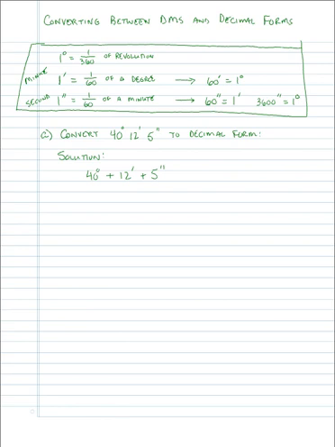So let's go in here and let's think now. 40 degrees we don't need to change. But for each one of these minutes, it's 1/60th of a degree. So if I multiply these 12 minutes by 1/60th of a degree, you see, these are degrees here, aren't they?